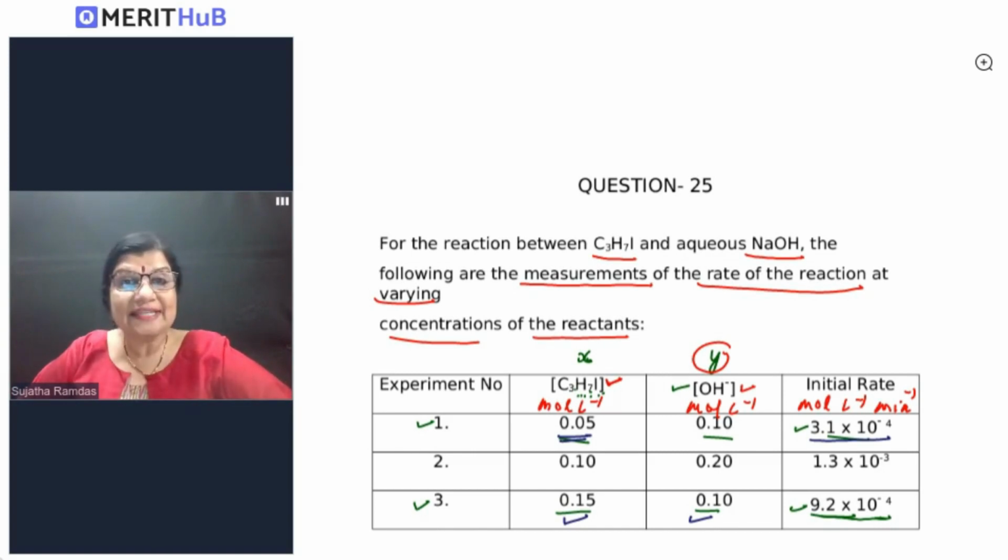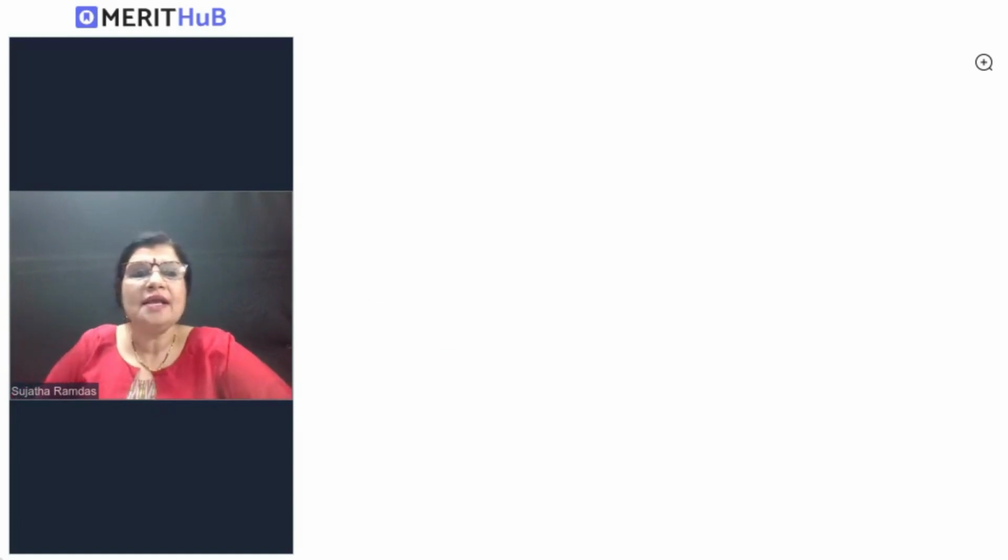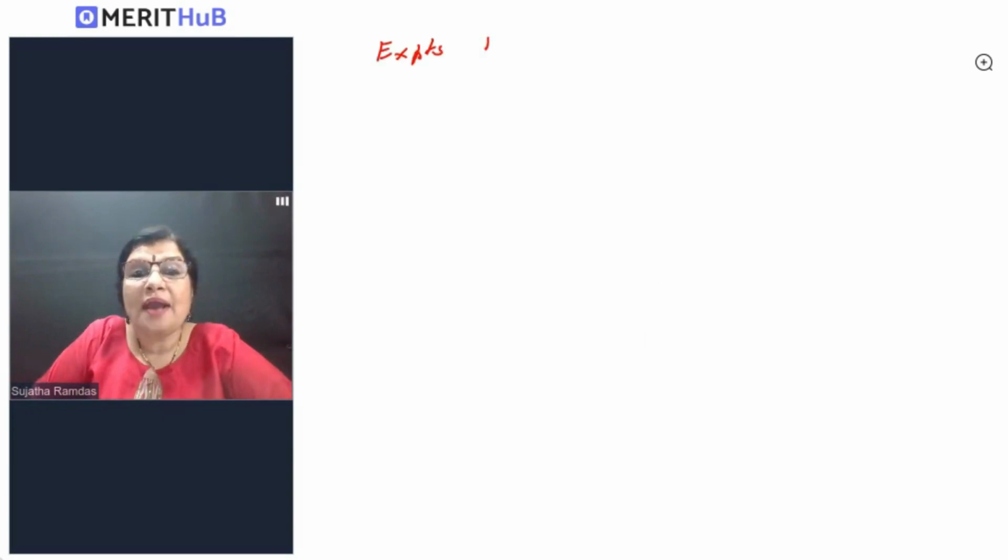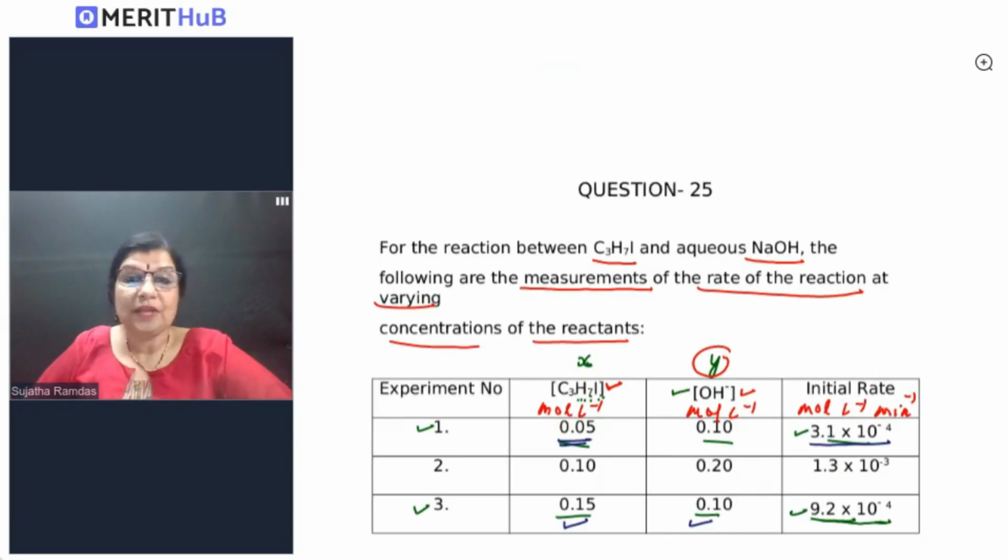So we have to choose either experiments 1 and 2 or 2 and 3, where the concentrations of OH minus change. Let's choose experiments 1 and 2 and do the same process that we did to find out X. So let's get started there. Now what do we do? We identify which has a higher rate.